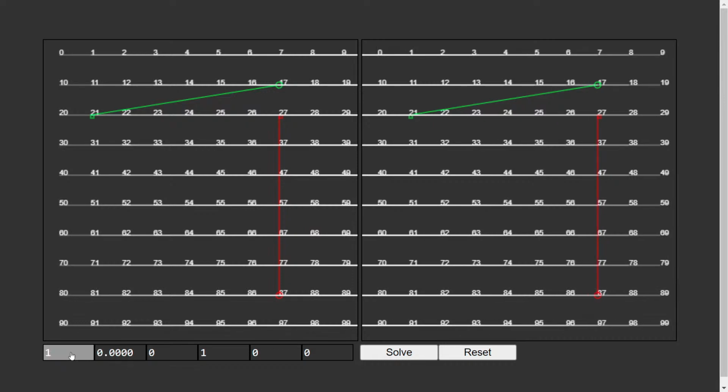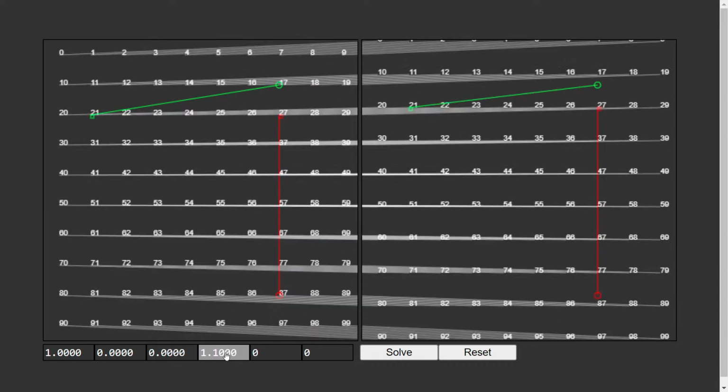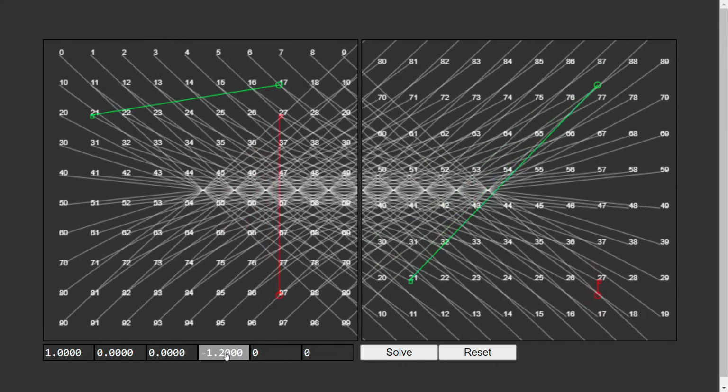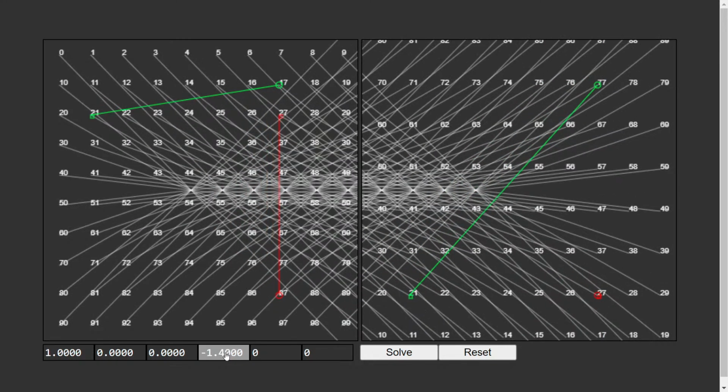That's apparently all I ever do, is I just flip it on the horizontal axis. Right? Because that gets the red. Oh yeah, but that messes up green. Yeah, okay, so let's not flip it.